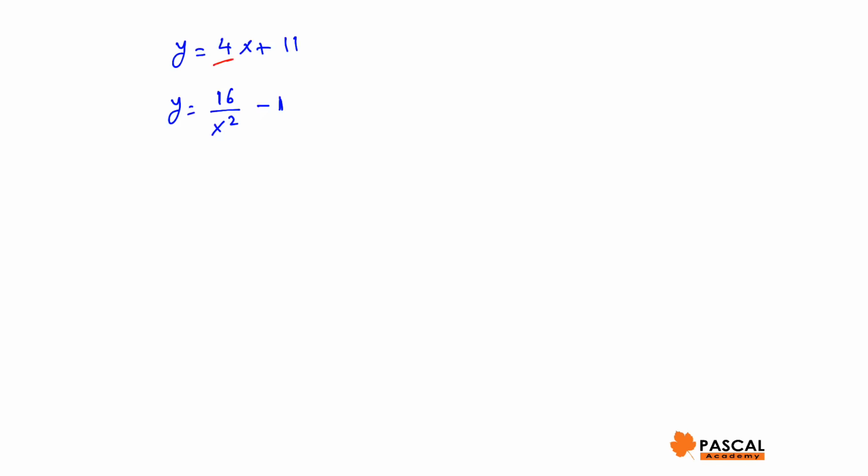The slope of the given line is 4. Therefore, the first thing we do is find the point on the graph of the function whose slope is 4.